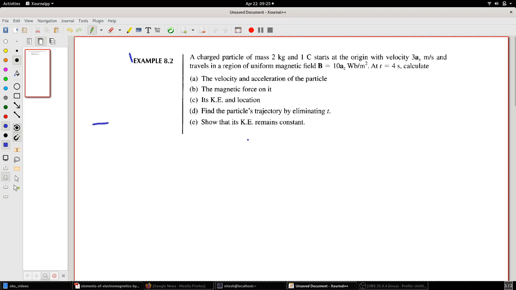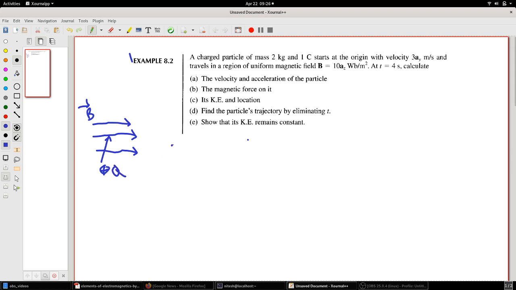So what you have as initial conditions is a uniform magnetic field, and you are trying to move a charge in this field. There is a positive charge which you are trying to move in this field.